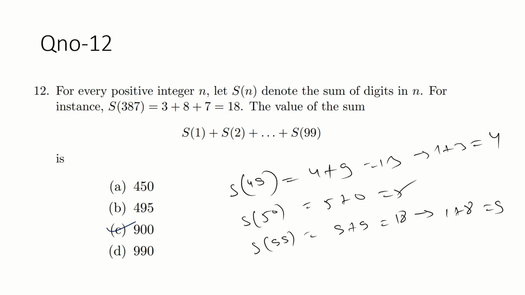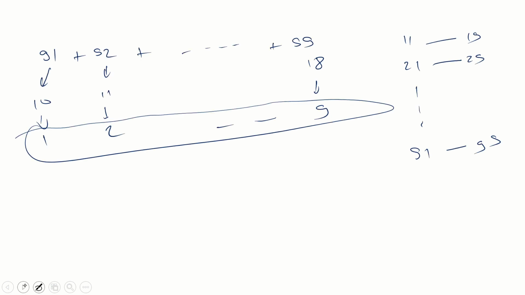Guys, basically in these questions, we just have to check whether the digit is forming a two-digit number or not. If you take the values 11 to 19, we simply get the value 1 to 9, that's fine. But if you are increasing the values like 21, 31, 41, 51, 61, what happens?